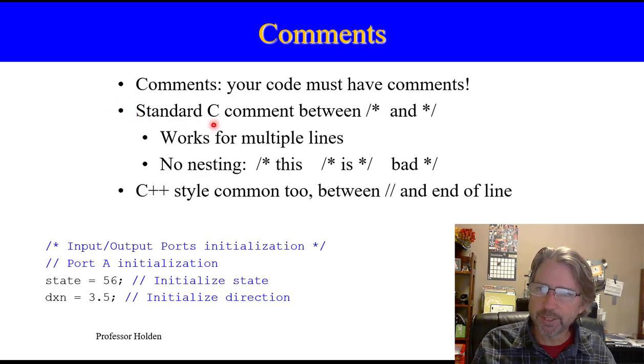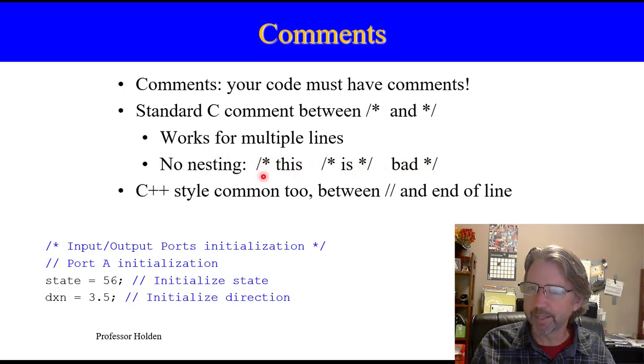The standard C comment starts with a /* and then it ignores everything up until a */. You can comment out multiple lines of code with this style of comment. The problem with this standard C comment is you can't comment out something that already has a comment in it.